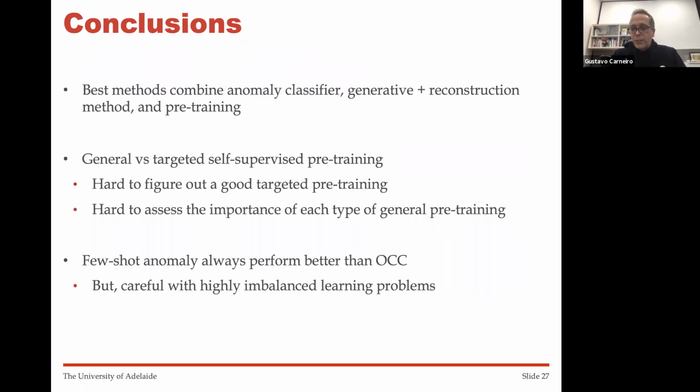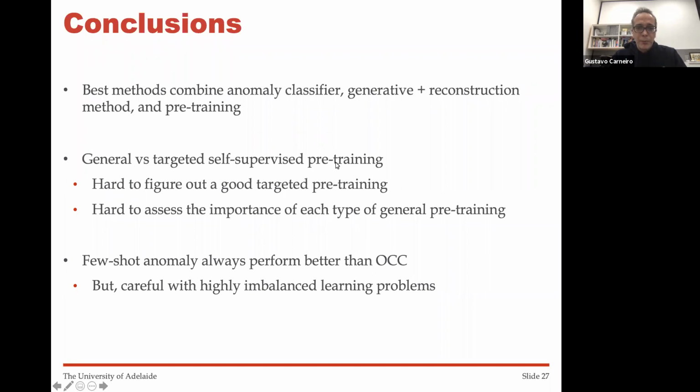Right. So in terms of conclusions, I believe, after working with anomaly detection for the last 2 or 3 years, the best methods combine anomaly classifiers plus generative and reconstruction methods and pre-training. So you need all these components to have a system that works reasonably well.